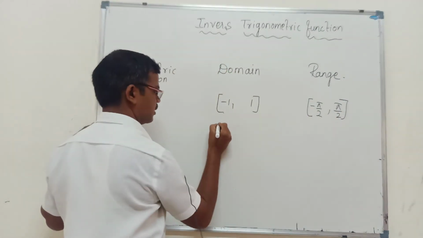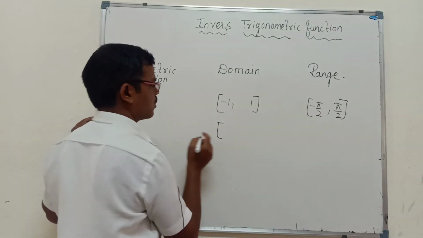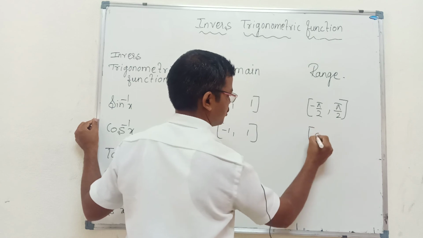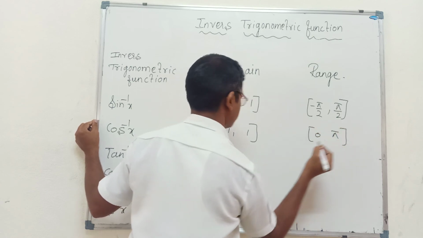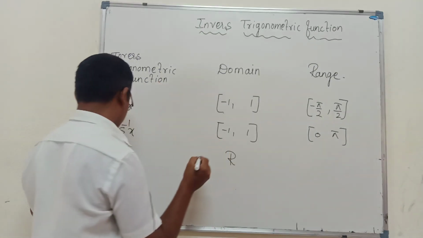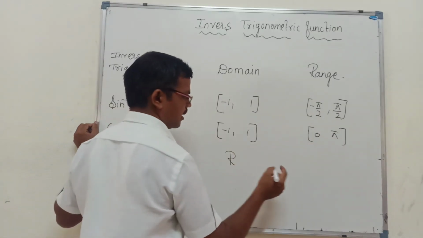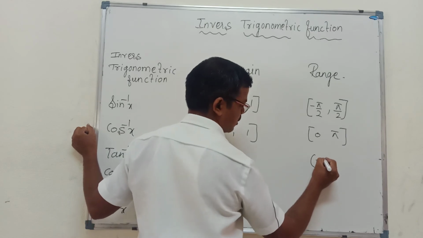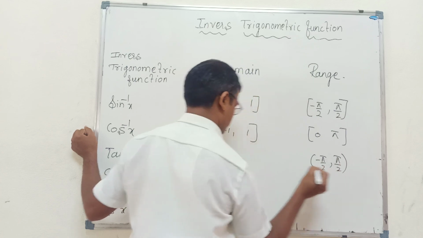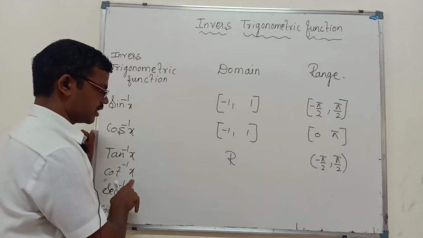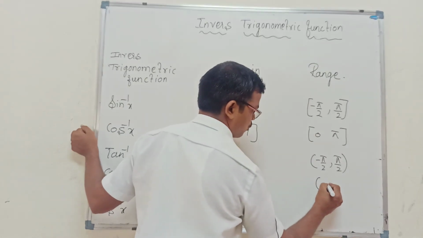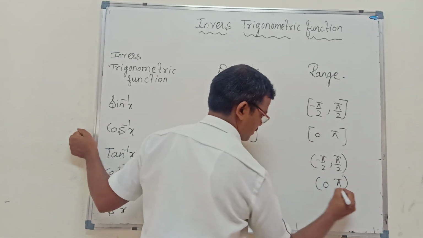Similarly for cos inverse, minus 1 to 1 is the domain. Its range is 0 to pi. For tan inverse x, its domain is the real numbers and its range is the open interval minus pi by 2 to pi by 2. For cot inverse x, its domain is the real numbers and its range is the open interval 0 to pi.